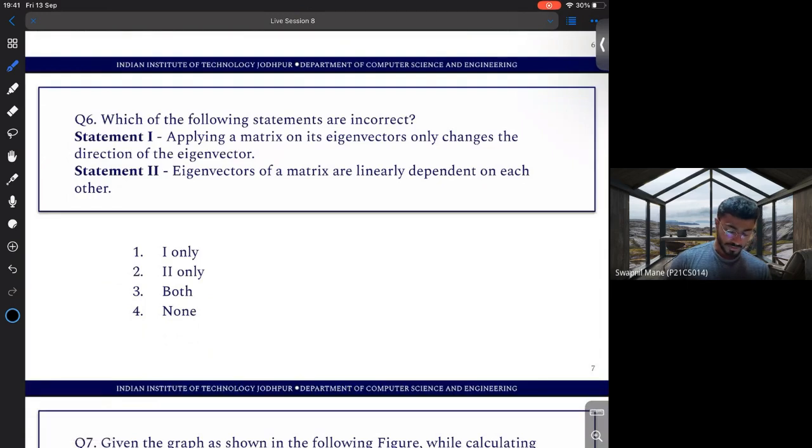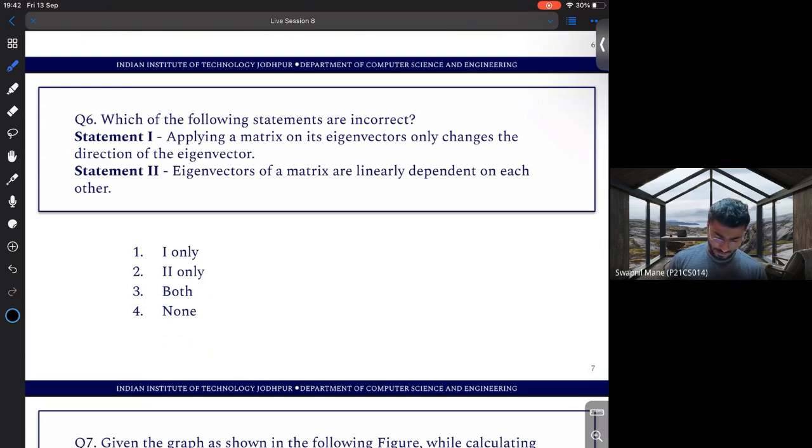Which of the following statements are incorrect? Statement one states that applying a matrix on its eigenvectors only changes the direction of the eigenvectors.